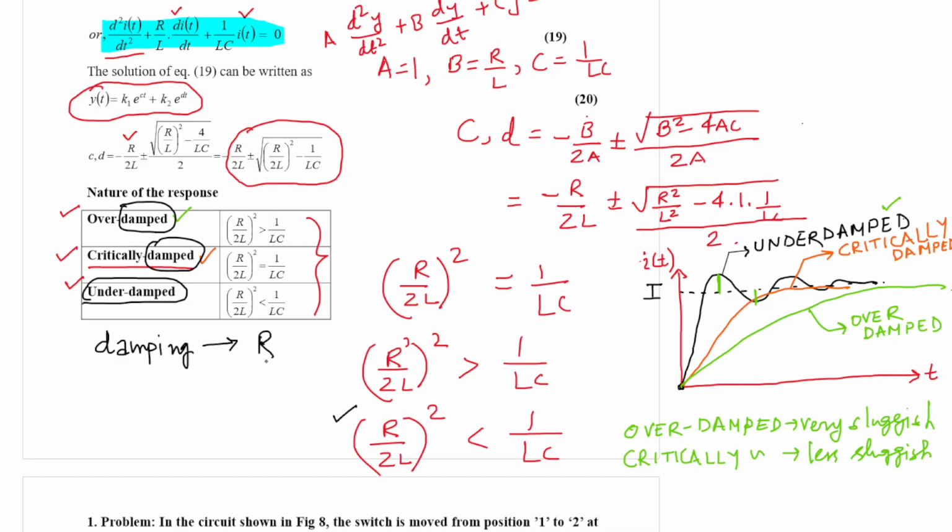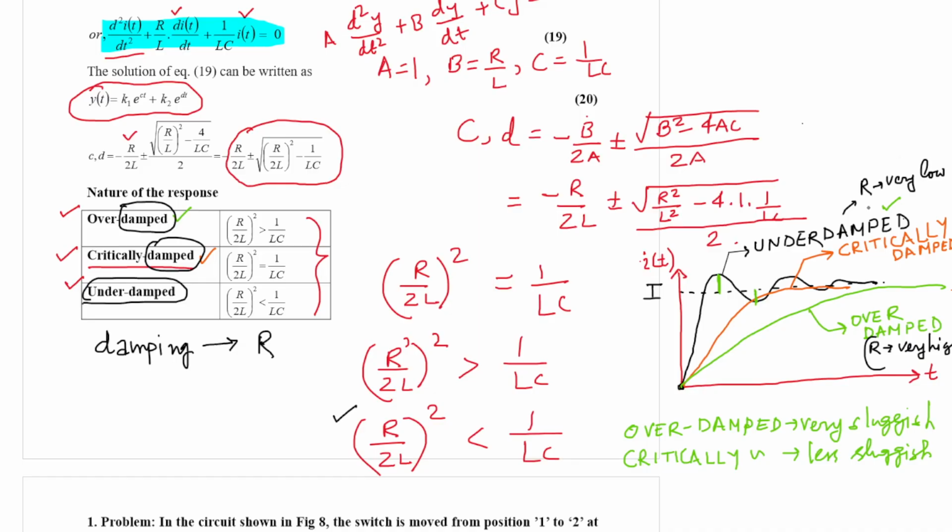So when you observe a system with an overdamped response, that means the system's resistance value is extremely large. When a system shows an underdamped response, that means its resistance is very low. It has damping, but it is low.